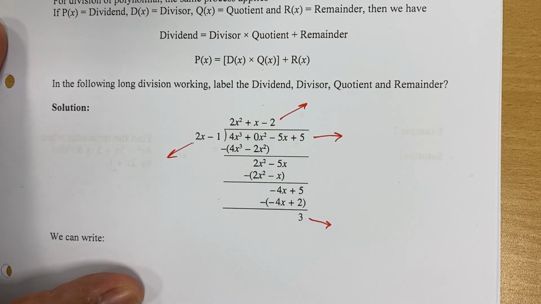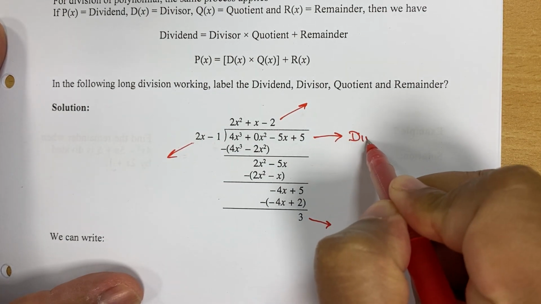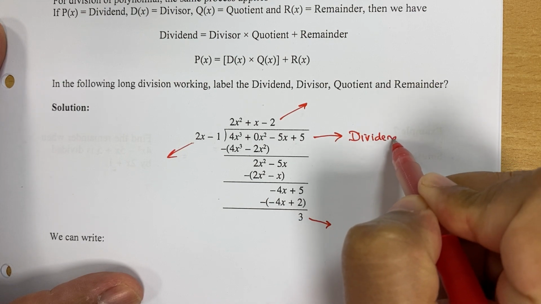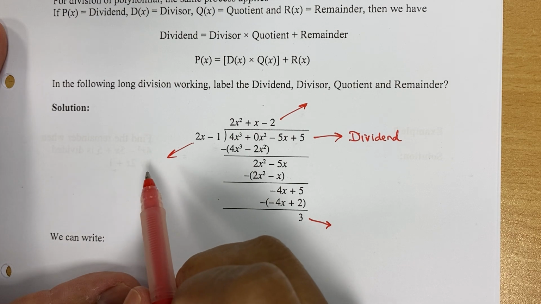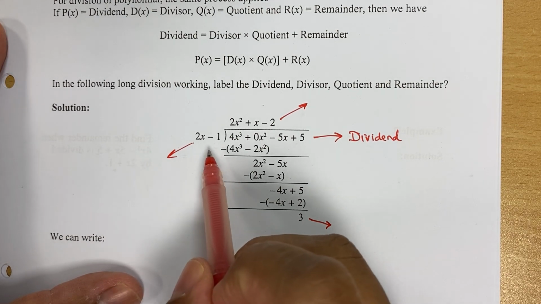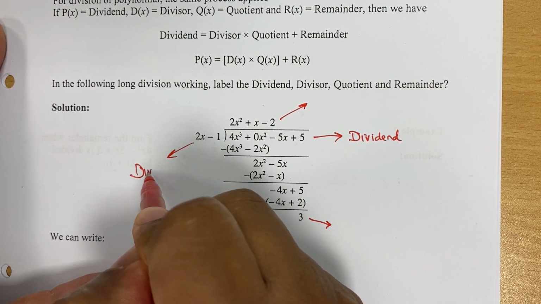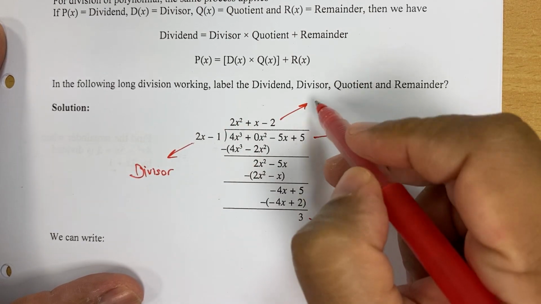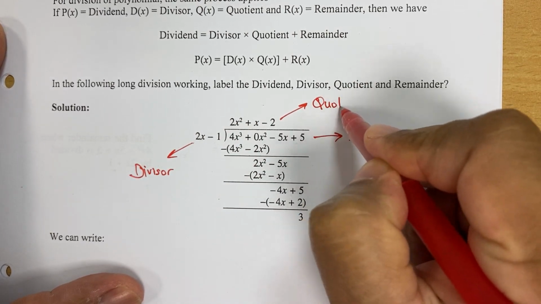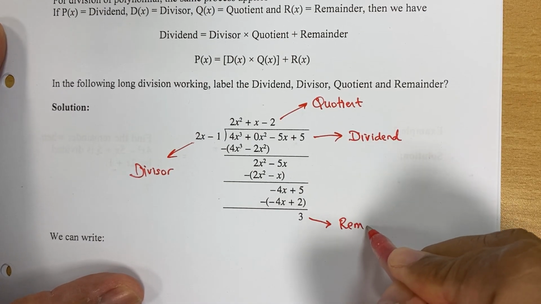The dividend is the number, or the polynomial in this case, that we want to divide. The expression that we want to divide this dividend with is called the divisor. Whatever we get here is called the quotient. And this shall be the remainder.